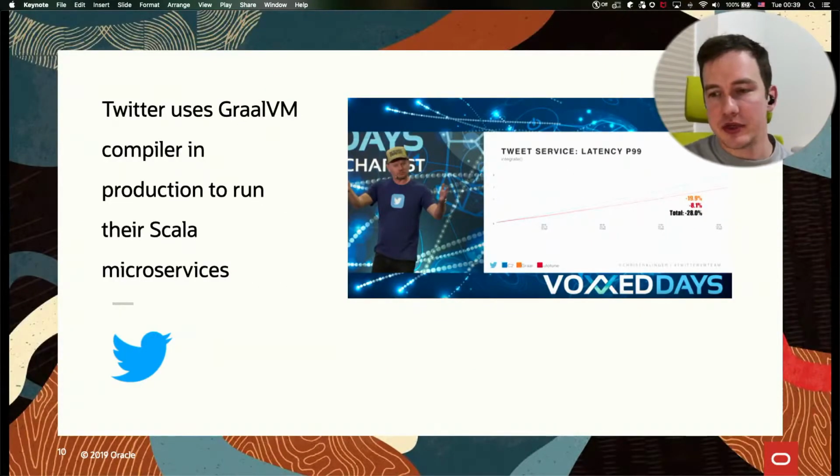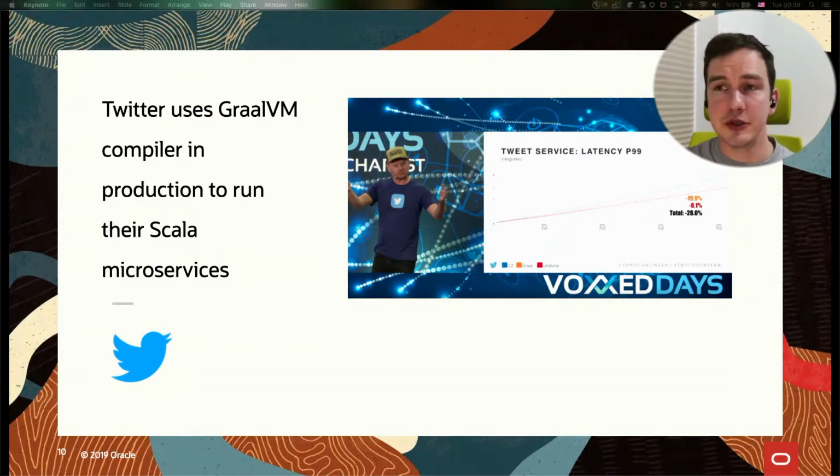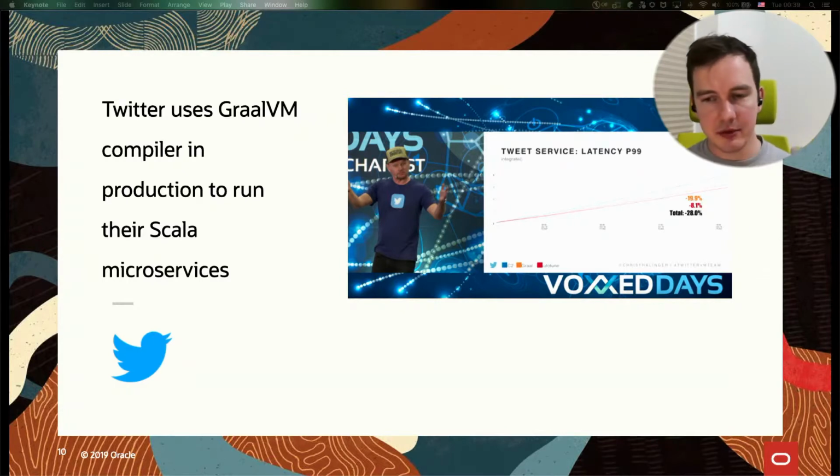This way, for example, Twitter is using the GraalVM compiler in production to run their Scala microservices, and they are showing great results. And you can find the VM engineers from the Twitter VM engineering team going around conferences and having talks and writing articles about how they use the GraalVM compiler and what results they're getting.